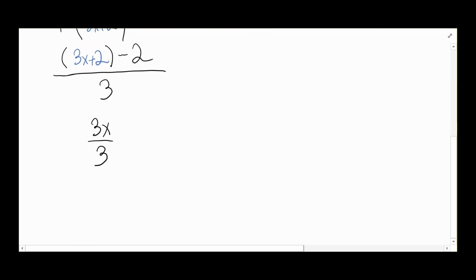And 3 divided by 3 leaves me with just x. Now, hopefully it's important to notice that because we're trying to show something, we can't be doing work in our head. We have to be showing our work because that's the whole purpose of this. We knew that we were going to get x because we were told these things are inverses. So it's important to show every single step.